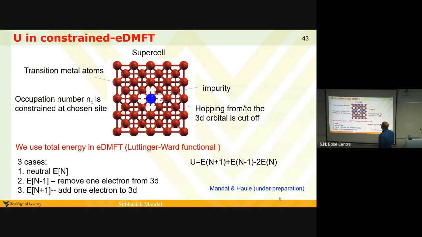So we are now developing this idea of constrained DMFT, where it's very similar to constrained DFT, except we now can use total energy from the DFT plus DMFT. Now it is available. So we take three cases: you have a supercell, you constrain the electron in the central cell, central atom, and then you put one electron and then take out another electron, and take the difference.